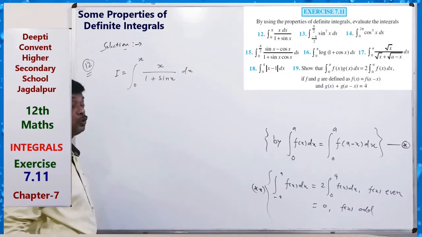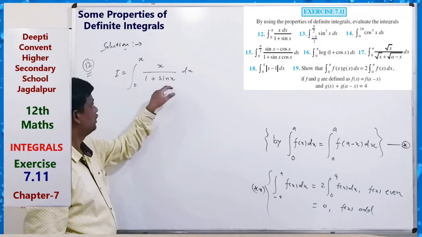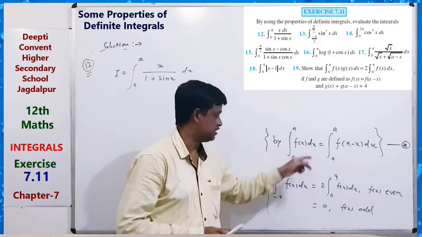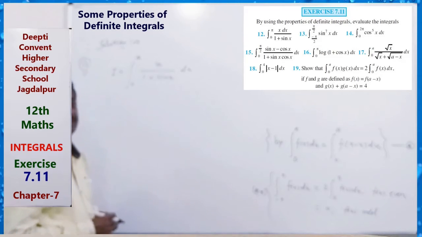In this question, with limits 0 to pi, if we apply the formula, then x can be removed. How?